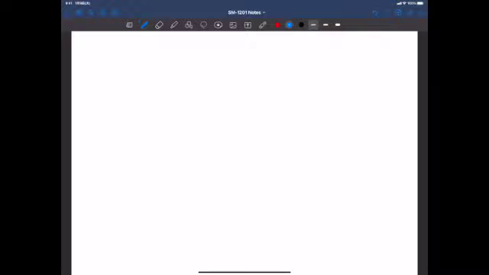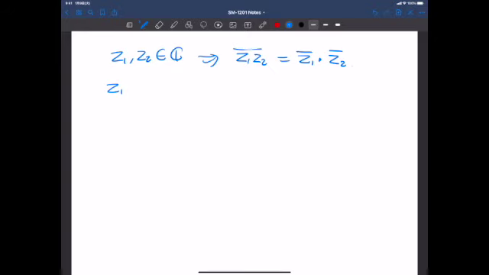And next, if z1, z2 are complex numbers, then the complex conjugate of their product is the product of their complex conjugates. Okay, so let's say z1 is equal to x1 plus iy1, and z2 is equal to x2 plus iy2.